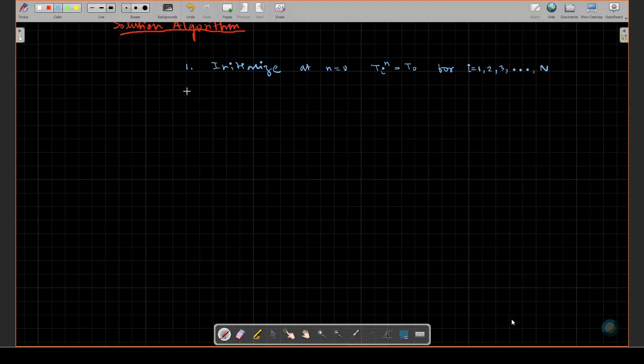Now once you have initialized, then you have to go for time stepping. At n equals 0, all values are known from the initial condition.